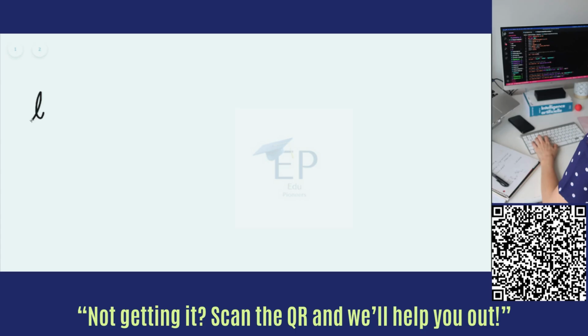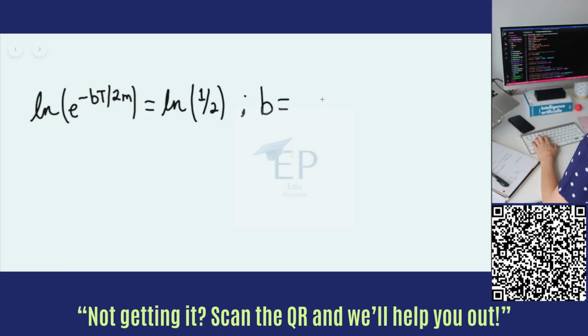We're going to take the natural log of both sides of this equation. So now we have the natural log of e to the negative b times T over 2m equals the natural log of 1 over 2. And so we can solve for b, and we can say that b is going to be equal to 2 times the mass over the period times the natural log of simply 2.